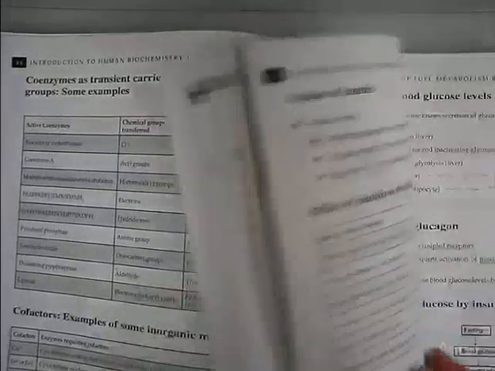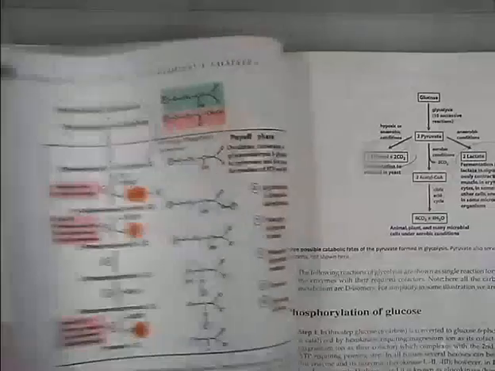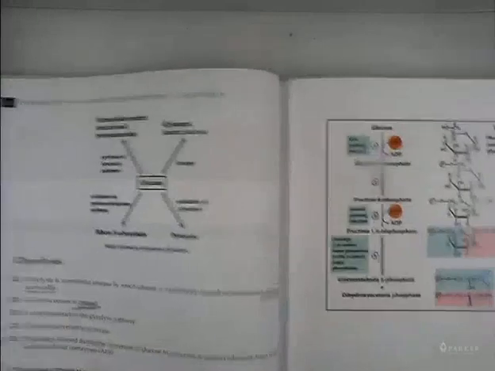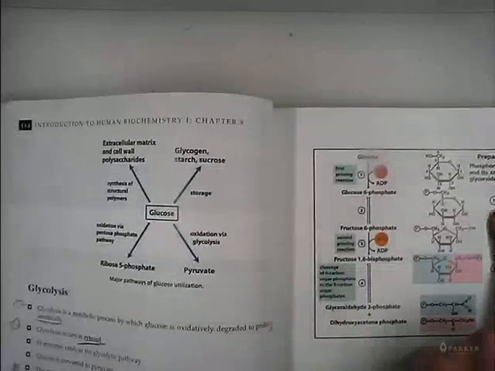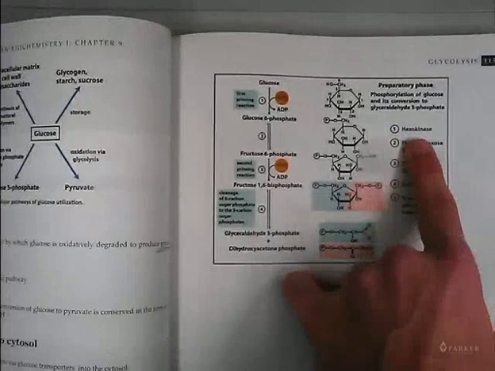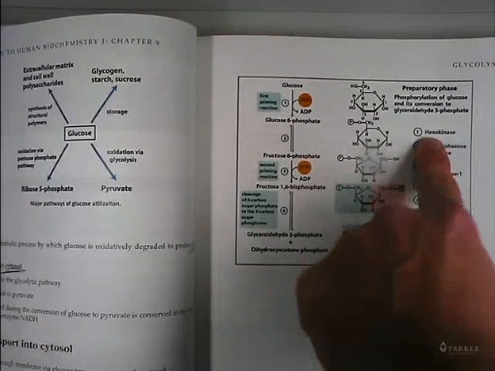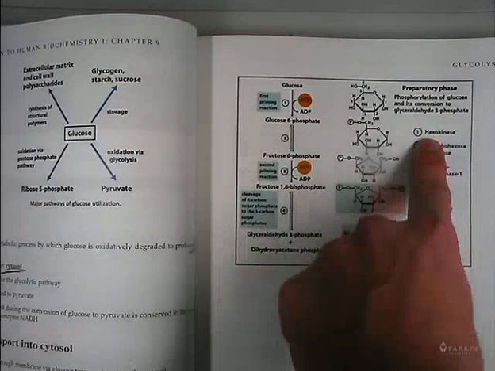Let's just skip ahead to it real quick. Here we go. Okay. Hexokinase is our first step in glycolysis. Hexo meaning 6, right? We learned that in like 5th grade.